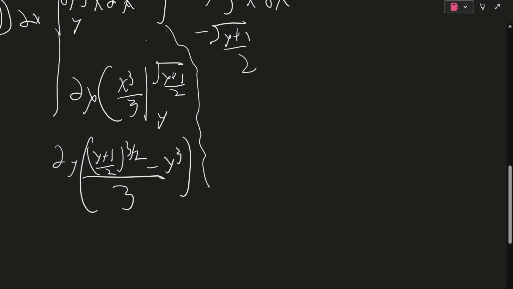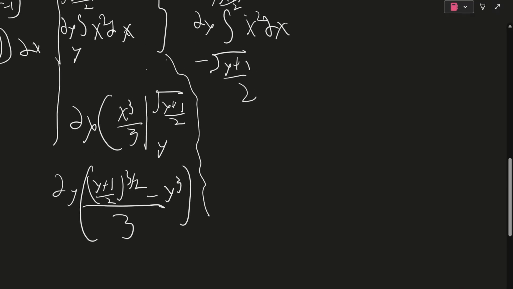And then over here, we're going to have the exact same antiderivative, except this time it's going to be evaluated from the same top bound, but the different left-hand bound.